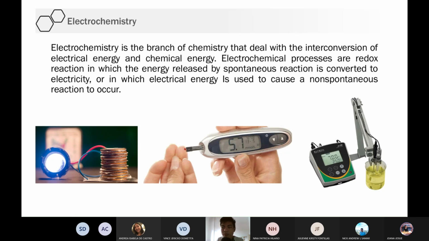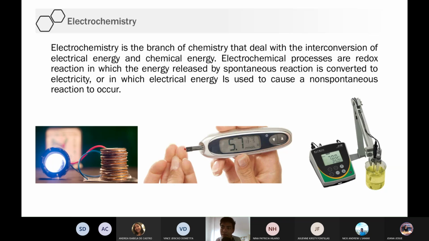Okay? So ibig sabihin nun, the energy we harness every day, itong ginagamit natin to power the laptops, to power our monitors, our cell phones, all those energy that are used to power up all these devices and appliances came from something else. Saan sila nanggaling?